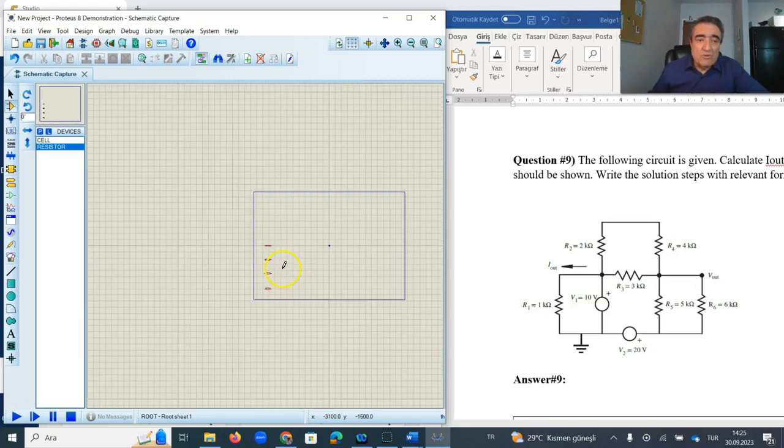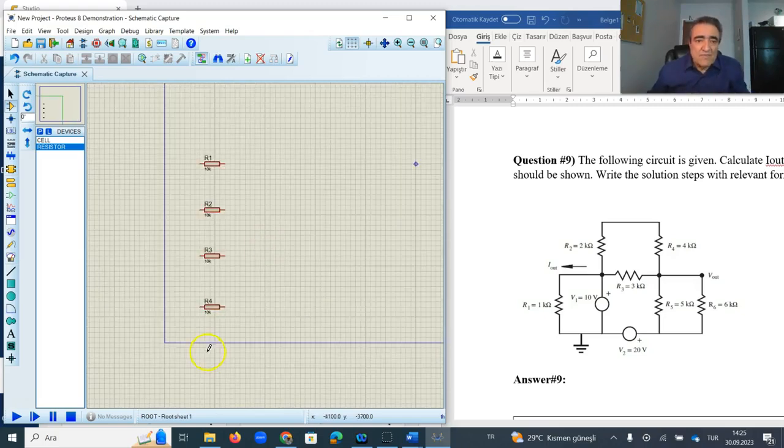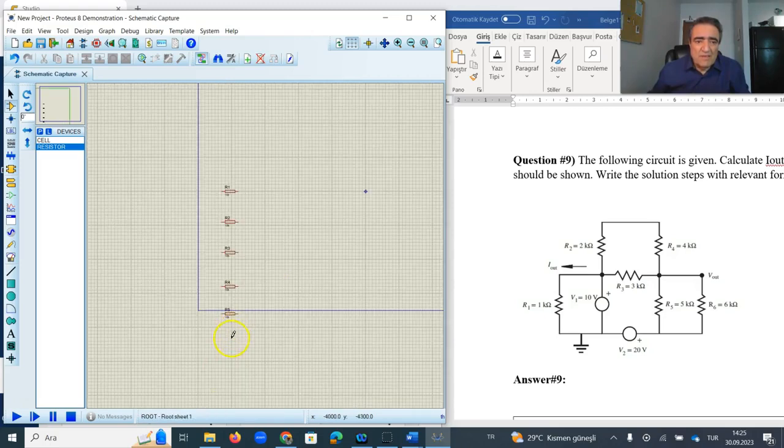I am just clicking, you know. Five, and this is 6. Okay, resistors are here. As you see in the figure, we need resistors vertically. Here vertical, vertical, vertical. R5 and R6 vertical too. Only R3 is located horizontally.